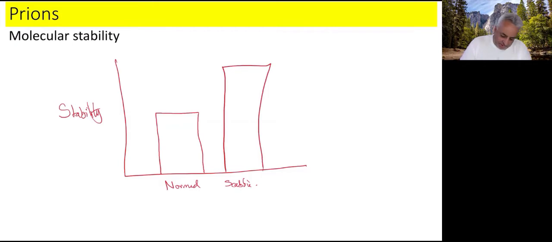And that difference in height between the two tells me that these proteins found in the brains of normal people and the same proteins found in the brains of diseased patients have a different energy profile. These ones are obviously more stable than these.